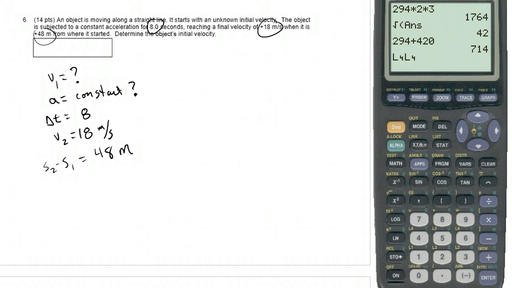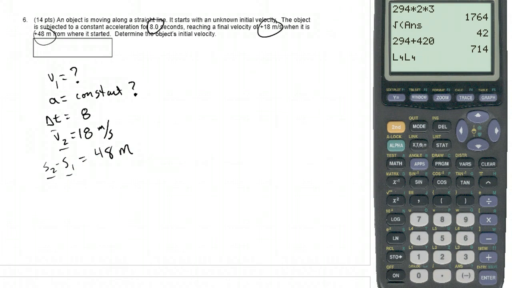Okay, we've said before in these types of problems we have 6 unknowns. We have to know 4 of them. So we know S2, S1 effectively, and those two, delta t and V2.